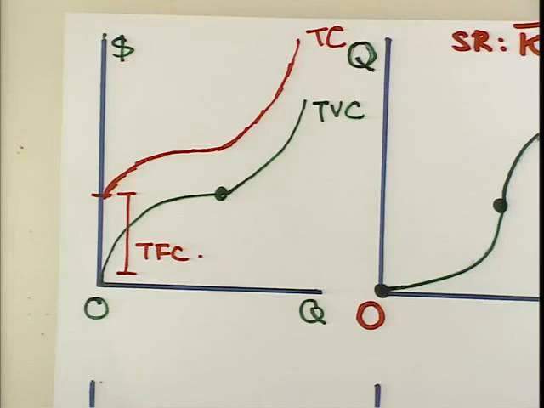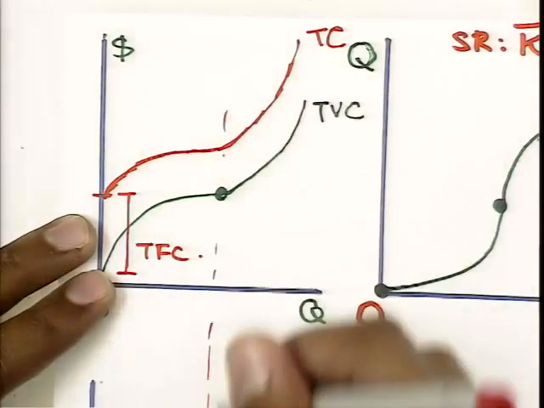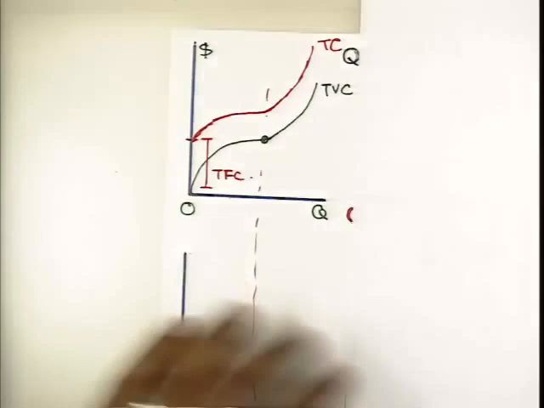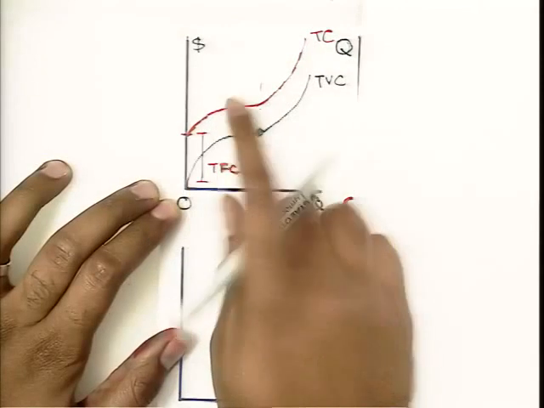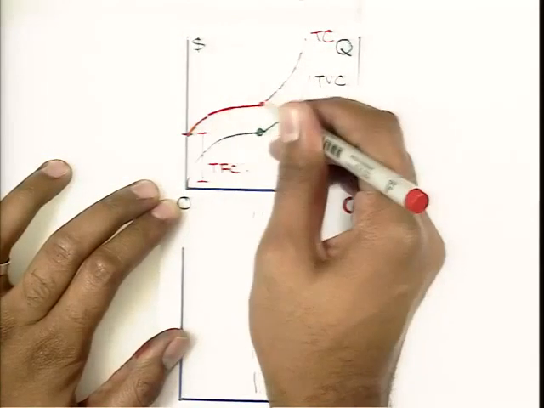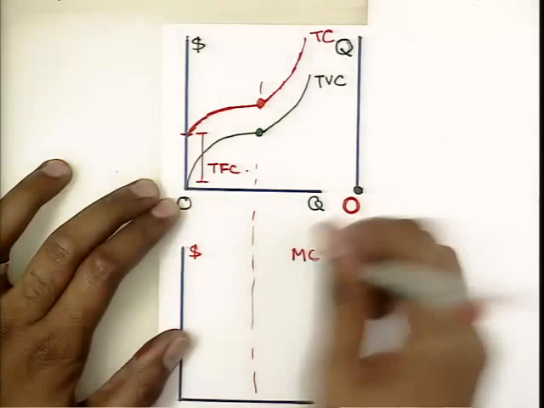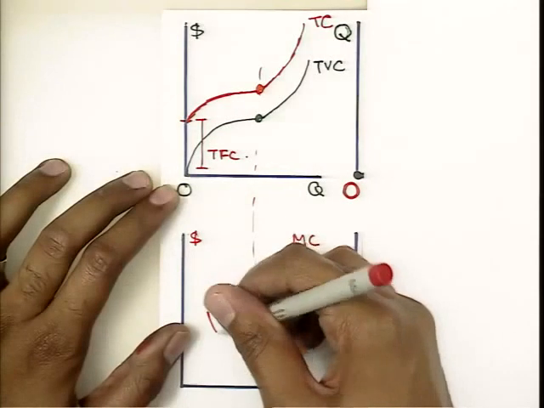Again, our aim is to see where in the world the supply curve came from. The supply curve is actually your marginal cost curve. So initially, cost is increasing at a decreasing rate. So your marginal cost is actually going down.